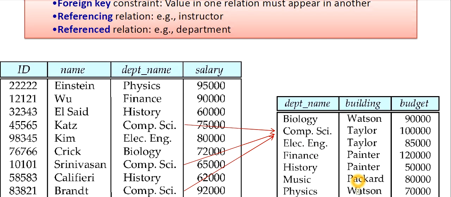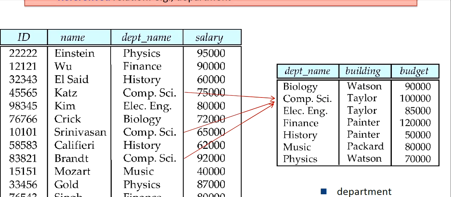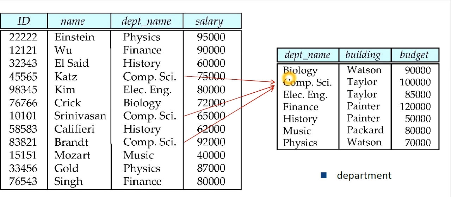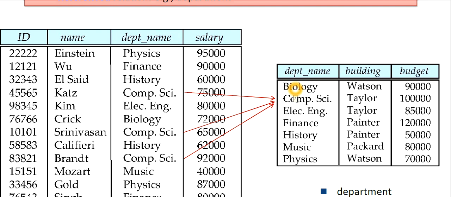Now, one thing you have to note is that the department name in the department table, that is our reference table, is the primary key for the department table. That's why this reference table, with that attribute, will have the information of all the other attribute values in the department table.